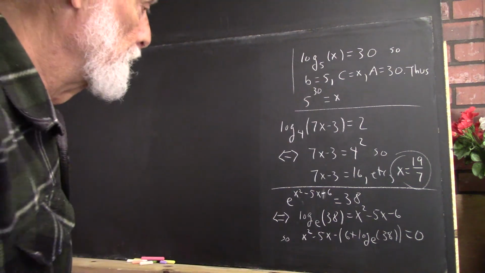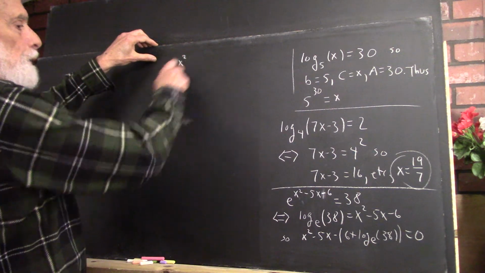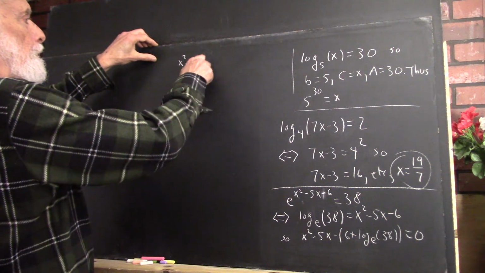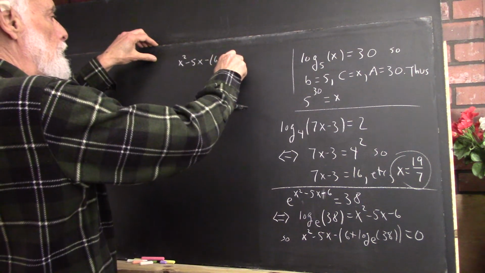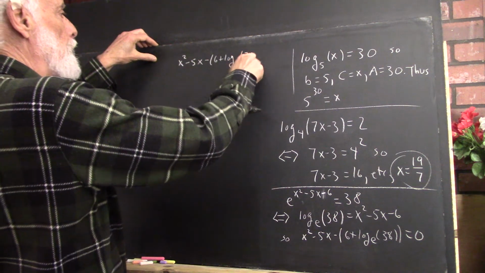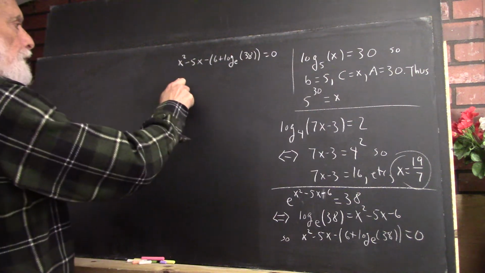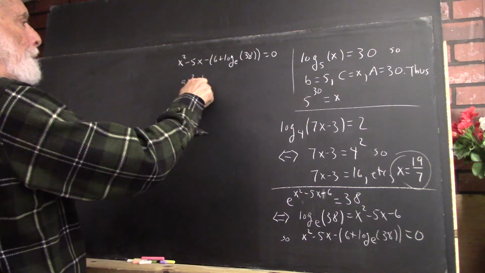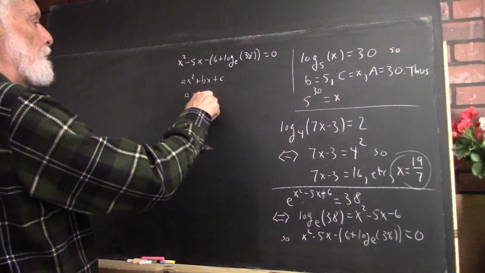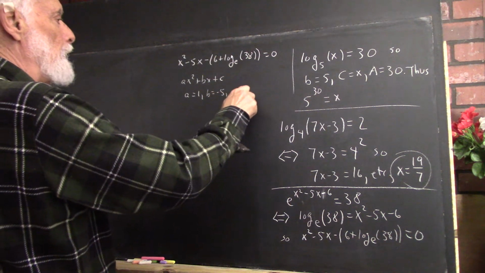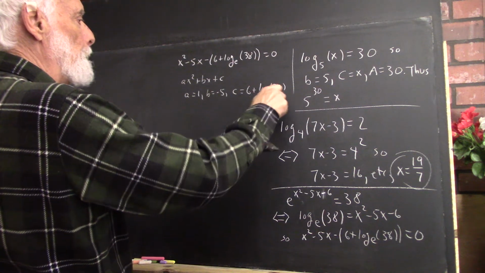So how do I solve this? Well, let's rewrite that. You got x squared minus 5x minus the quantity 6 plus log base e of 38 equals 0. This is of the form ax squared plus bx plus c, where a is 1, b is -5, and c is 6 plus log base e of 38.